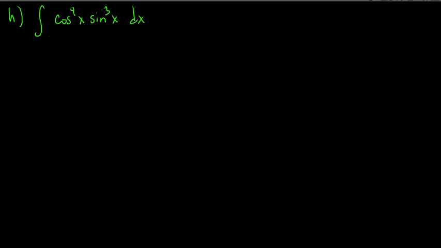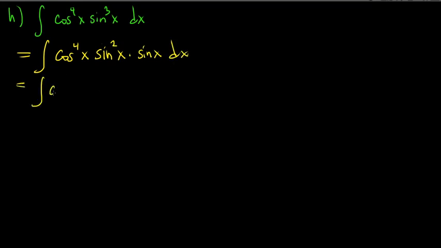But here's the idea, right? If you let u be cosine, then the derivative will be negative sine, but not negative sine to the 3rd. Okay, so here's the trick, right? If I have cosine to the 4th, and then sine cubed, I can think of that as sine squared times sine.